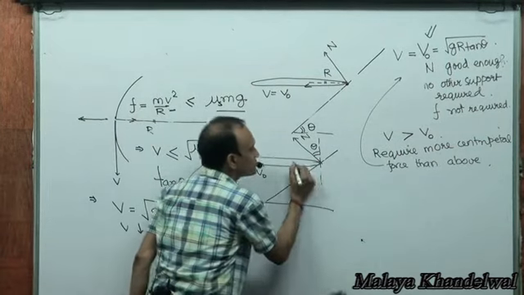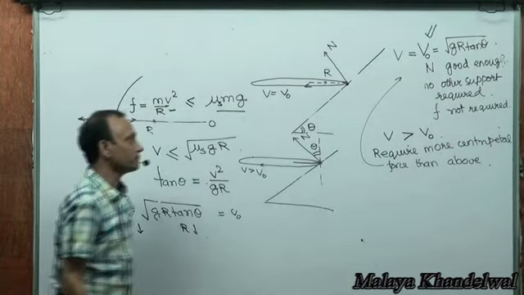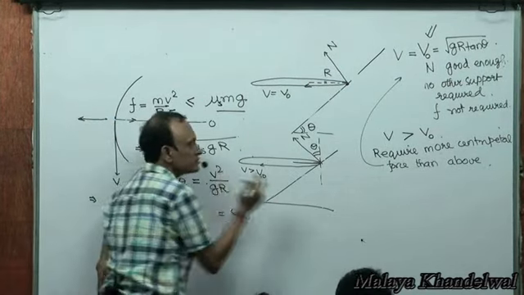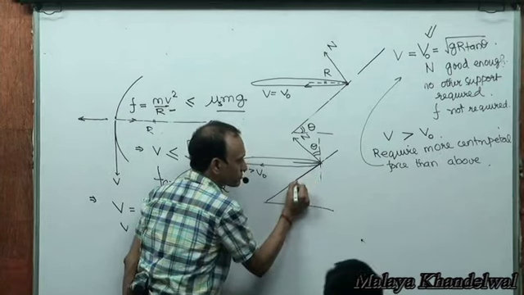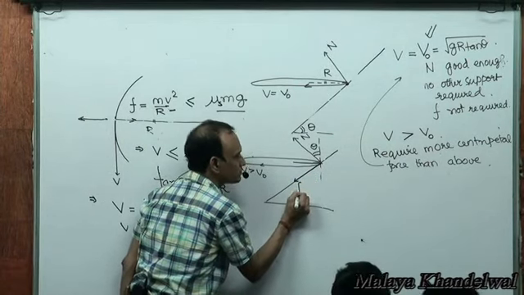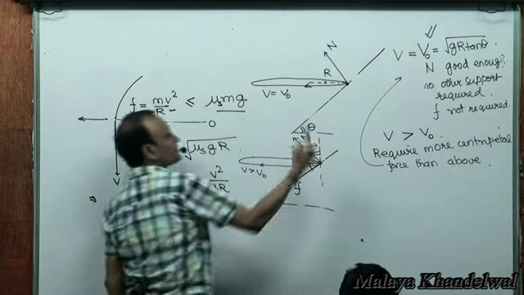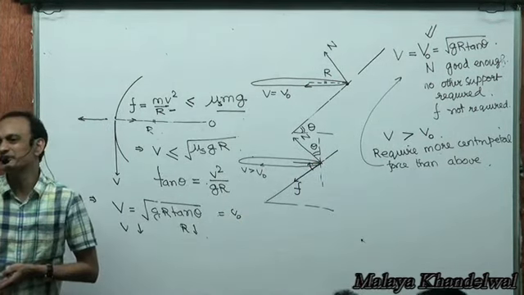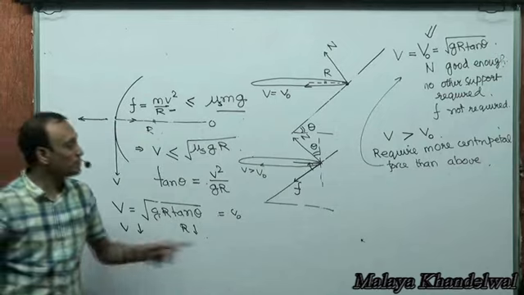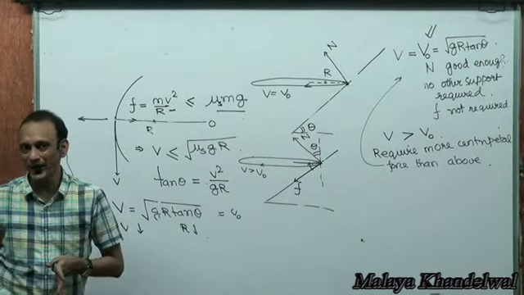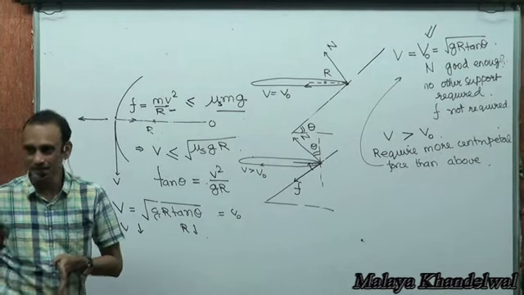If you need more centripetal force, then friction acts in this direction, and its component in this direction provides the deficit. This is what happens. You know what I'm saying?